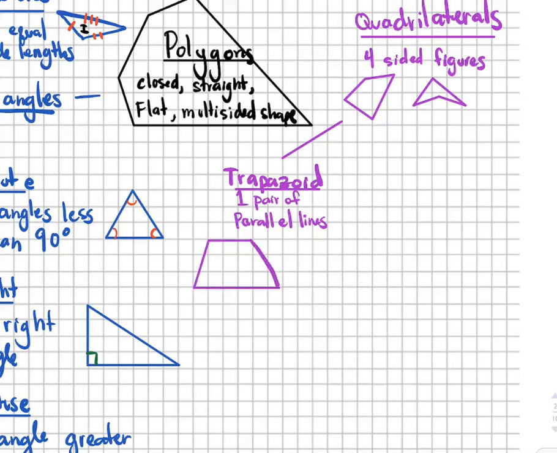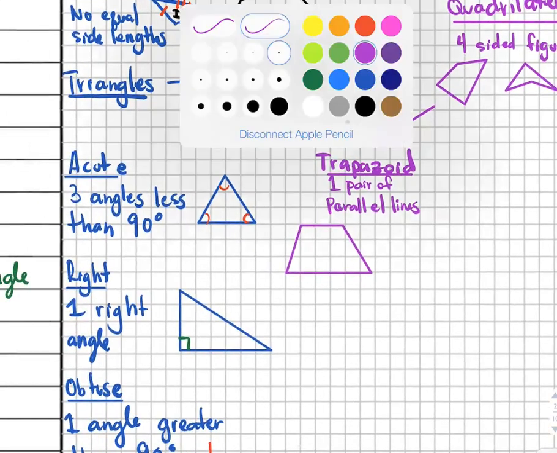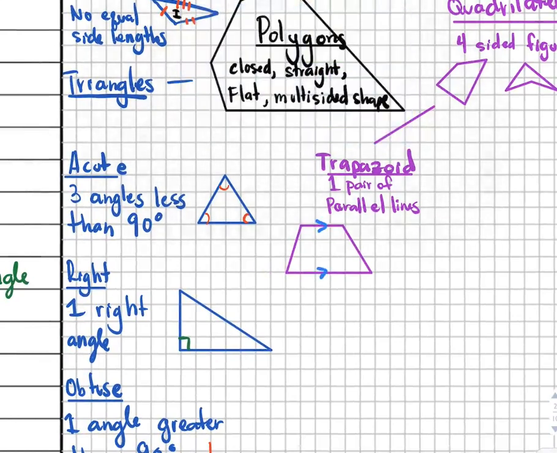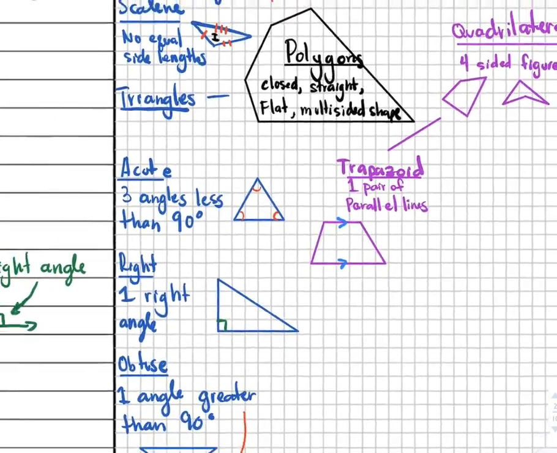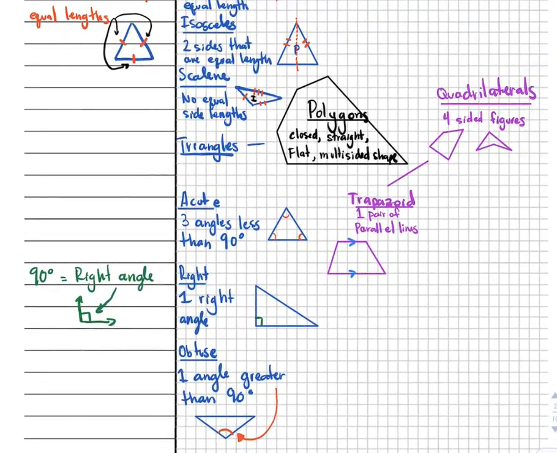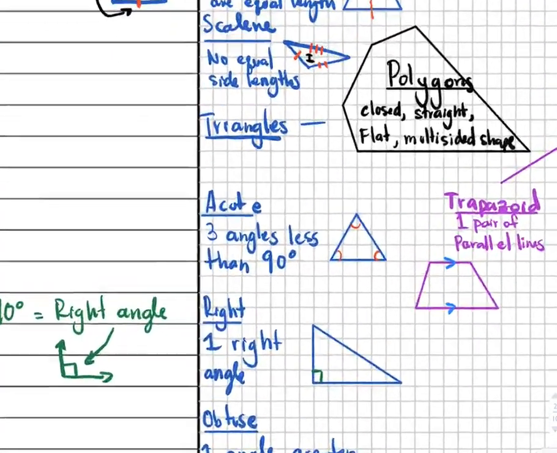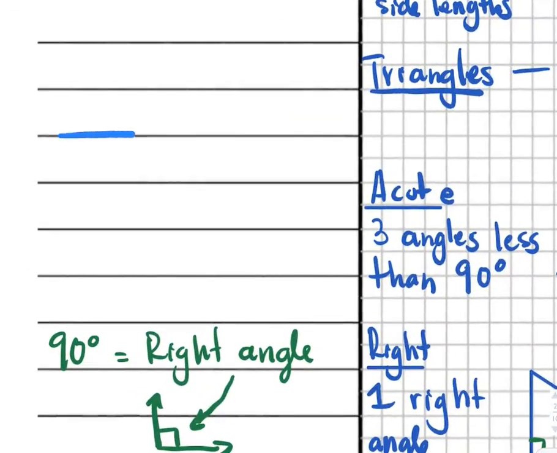Now I'm drawing three different types of trapezoids. So there's one type. And I'm going to put the markings on here because we need to learn what these markings represent. If I have arrows across lines, that means that they're parallel. So off to the side, I'll write this over here. I'm going to draw two lines. Maybe I'll put them here and here. They're easier to see. If I have arrows, it means they're parallel.